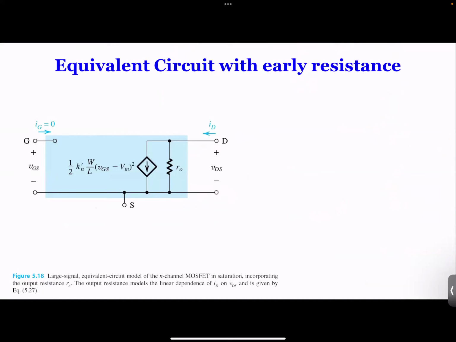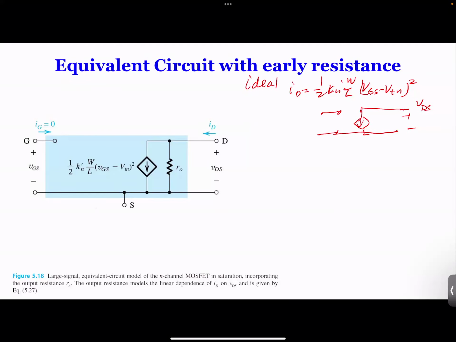The reason we got to this point is that in the ideal case, we have ID equal to 1/2 Kn prime W over L times (VGS minus VTN) squared. So in the ideal case you have the current, and this current in the middle is ID.